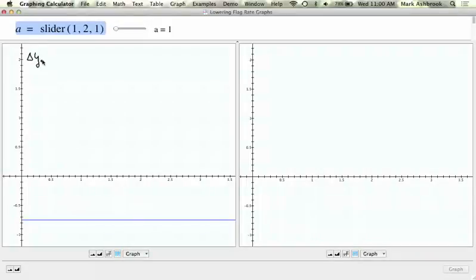And what does that represent and what are the units of that? Negative 1 point something?